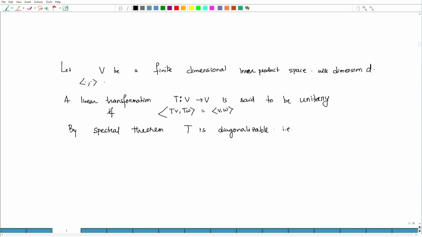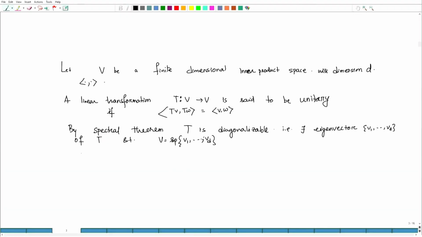That is, there exist eigenvectors V1 to Vd of T such that V is equal to the span of V1 to Vd. So, we will get a basis for V consisting of the eigenvectors of T.